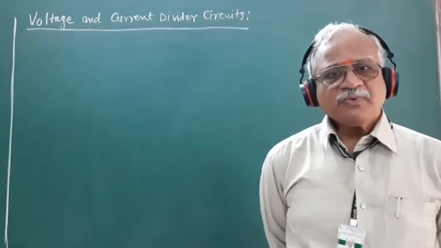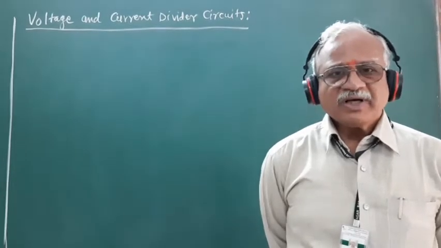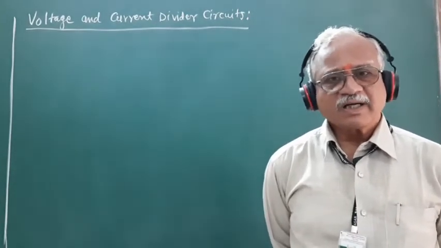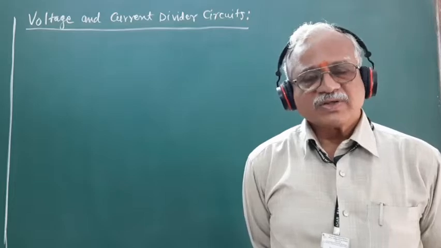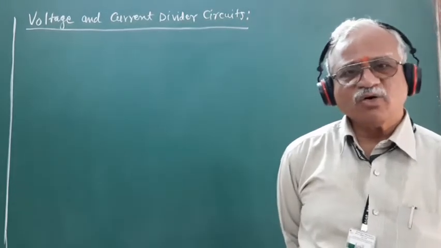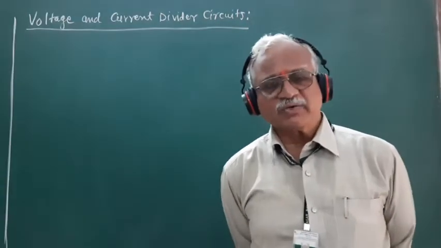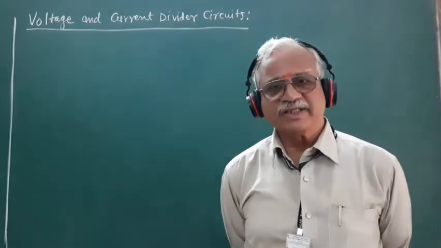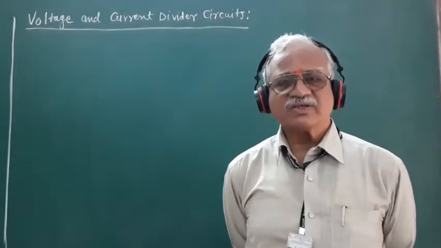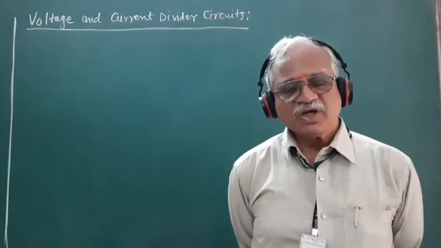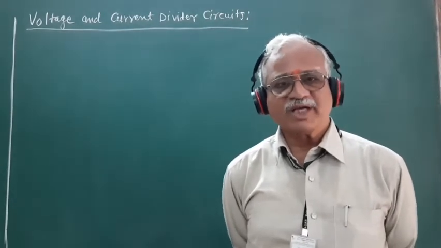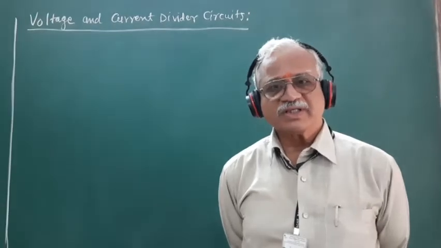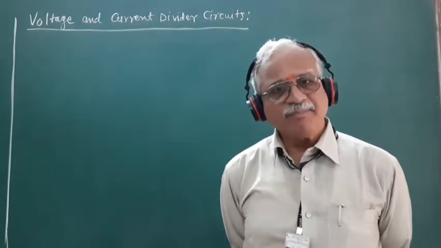And if the different components are connected such that one terminal of each component is connected together and the other ends are connected together, and across this combination we apply a source of EMF, such a circuit is said to be a parallel circuit.